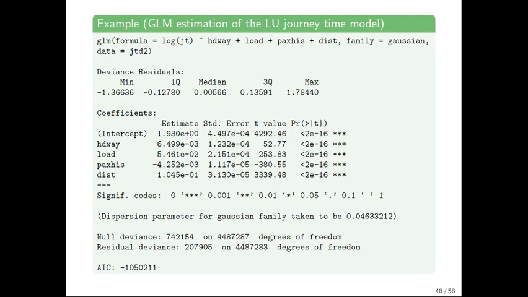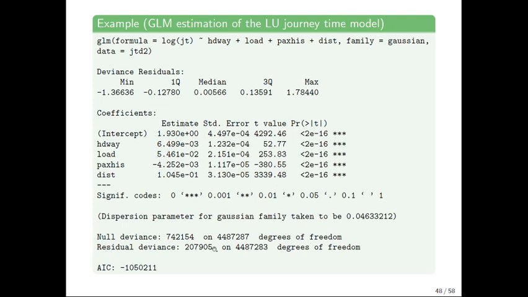The coefficients are identical to the least squares estimates that we saw previously. The dispersion parameter for the Gaussian GLM is the error variance. Taking its square root gives 0.215, which matches the least squares residual standard error that we saw when we did this in the linear model setting.